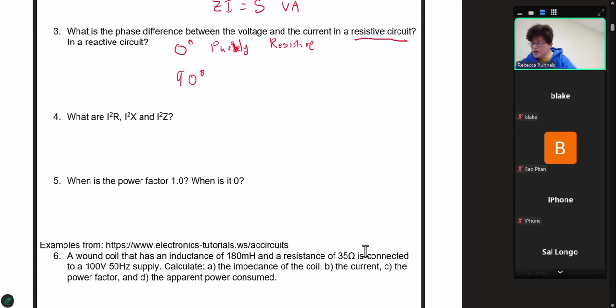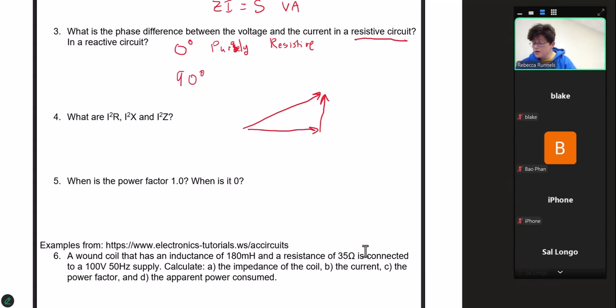Okay, so let's talk about this power factor. I know it's not presented this way in class, but I find it really helpful to think of the real power and the reactive power and the apparent power as a right triangle, because in fact they are. And you'll see this when you take power.